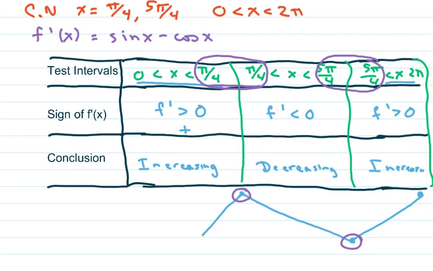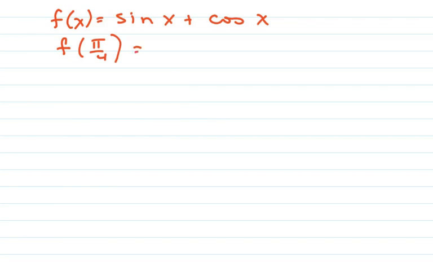So we're just going to plug in pi over 4 and 5 pi over 4 into our original equation. Our original equation was f of x equals sine of x plus cosine of x. I know at pi over 4 we have a maximum, and you just plug that in as sine of pi over 4 plus cosine of pi over 4, which is square root of 2 over 2 plus square root of 2 over 2.